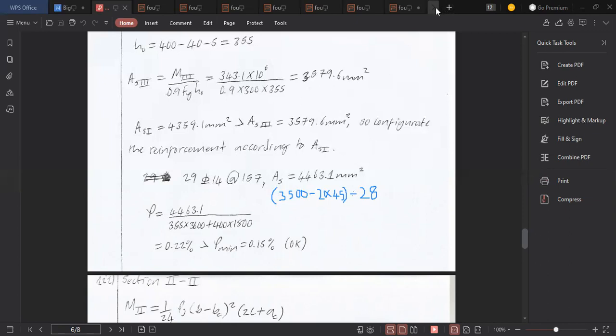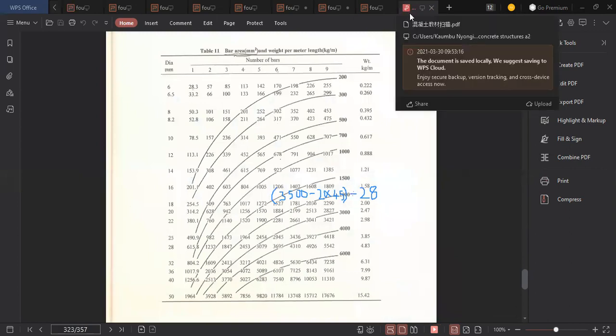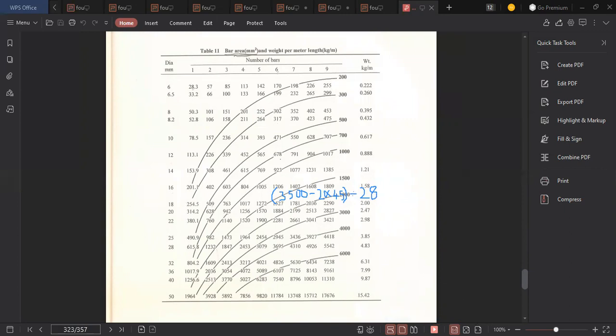Why did I say this formula? I've closed it. It's for design. Yeah, the formula is not here. It's in the assignment we had for the module design for this same course.